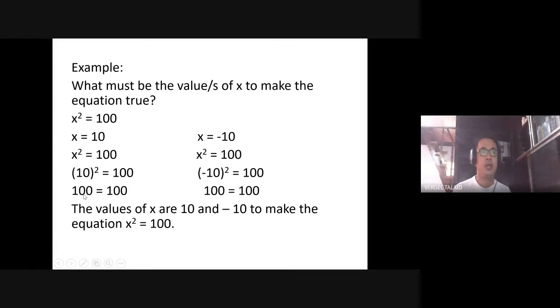Then aside from 10, x can also be negative 10 because squaring a negative 10 becomes positive 100. So therefore, the values of x are 10 and negative 10. That makes the equation x squared is equal to 100 true. So 10 and negative 10 are the roots of the equation x squared is equal to 100.